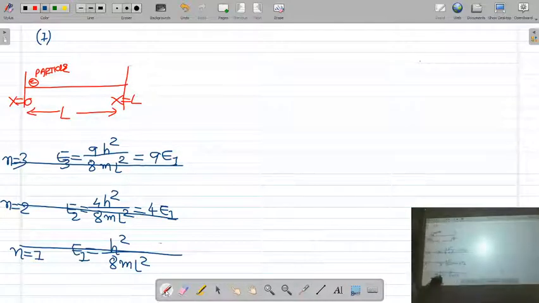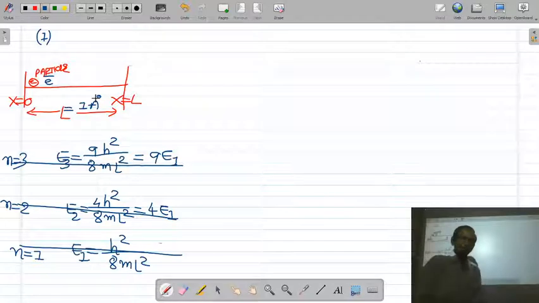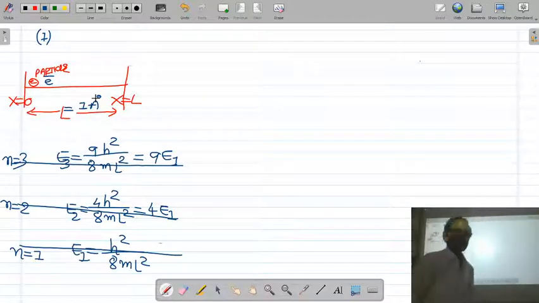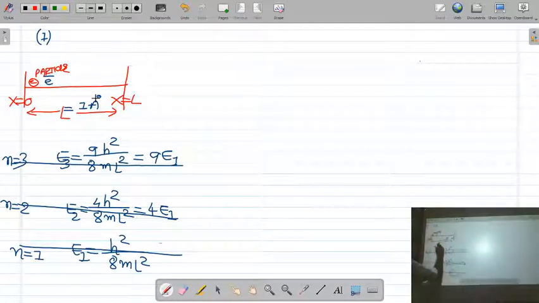Let us consider an electron moving in a one-dimensional box of length L equal to 1 angstrom. Then what is the energy in the level 1, and what is the energy of the electron in the level n equal to 2?